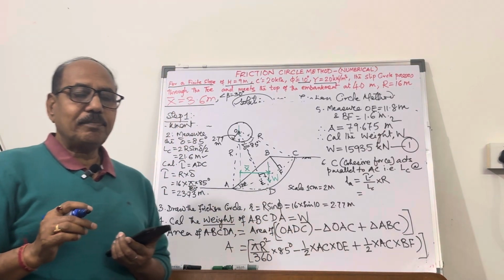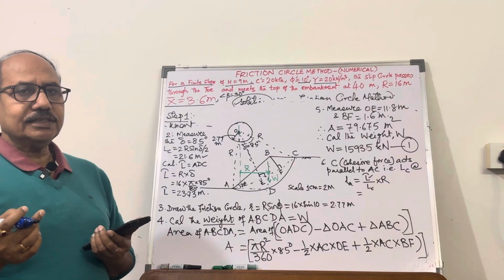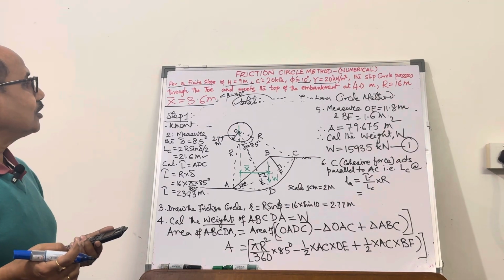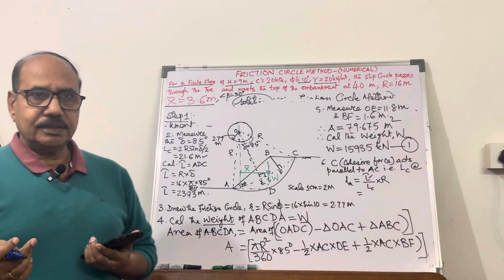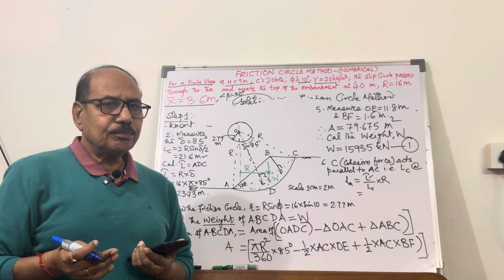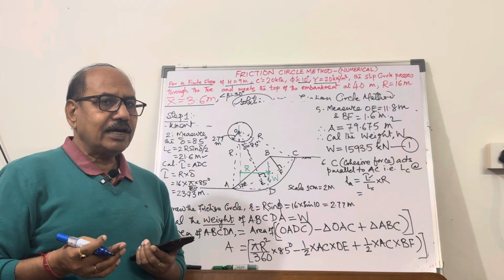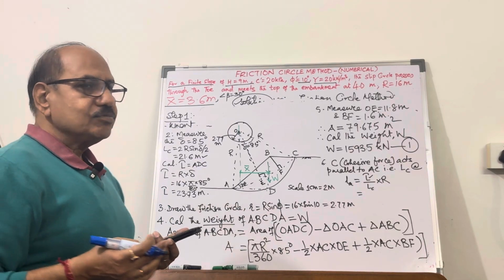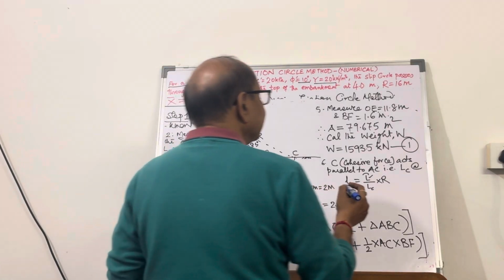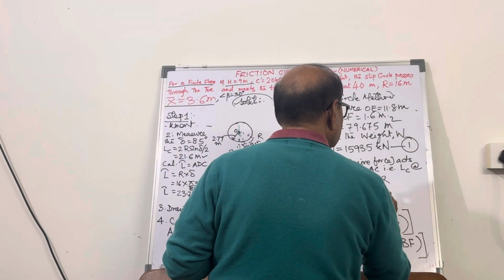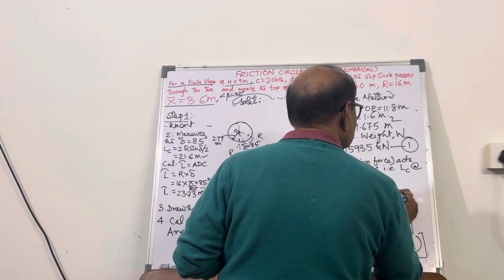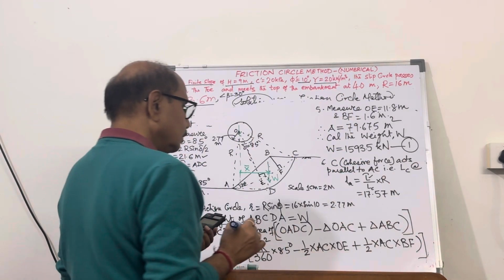And when you multiply it by the radius, which is given in the problem as 16 meter, friends, you will be in a position to calculate the value of LA, that comes out to be 17.57 meter.